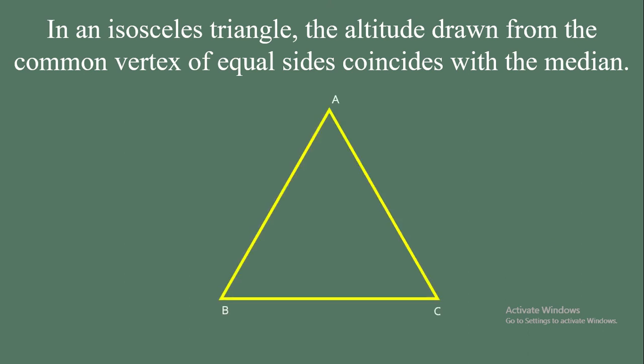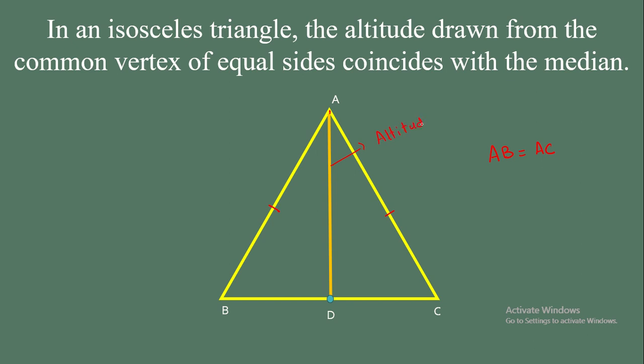Just like here, if we consider ABC as an isosceles triangle in which AB is equal to AC, the common vertex of these two sides is vertex A. If we draw the altitude from this vertex A to the opposite side BC, then AD is the altitude and it is the median as well.